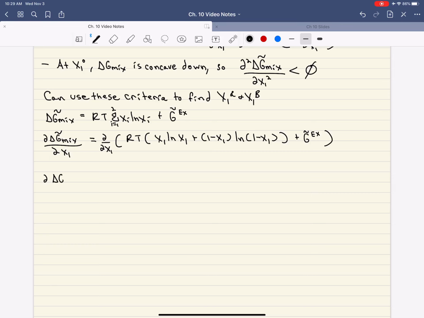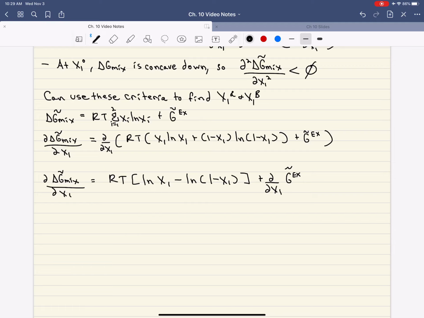If we work it out, we get this equation. Ln of 1 minus x1. So I skipped a couple of steps of algebra. Feel free to work through it yourself. But the equations should simplify down to this.